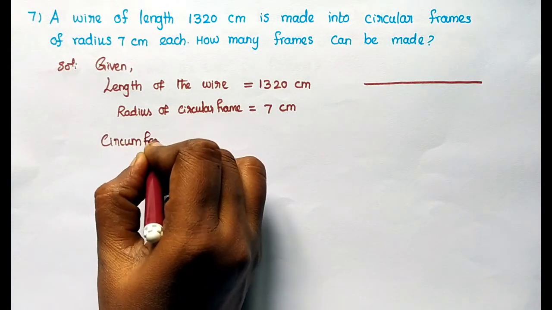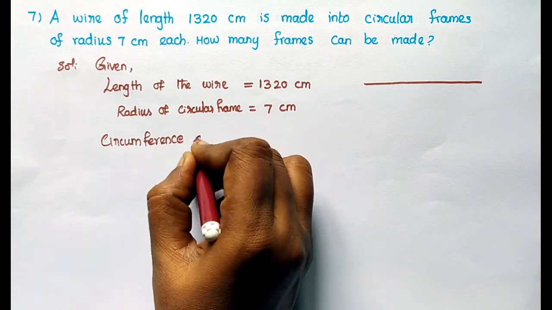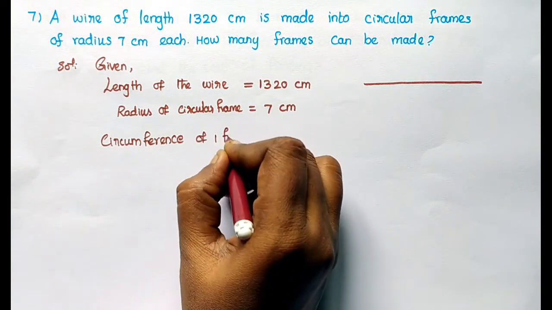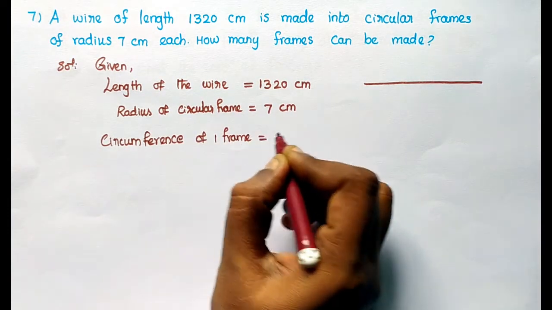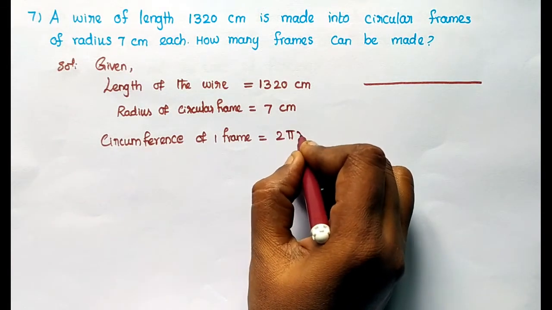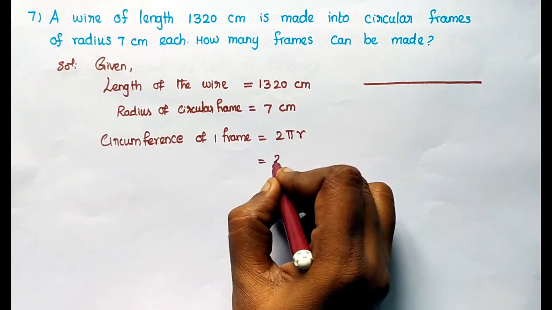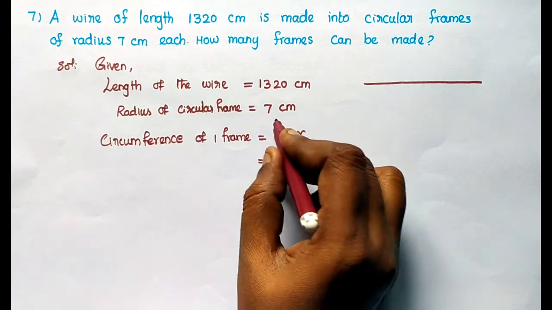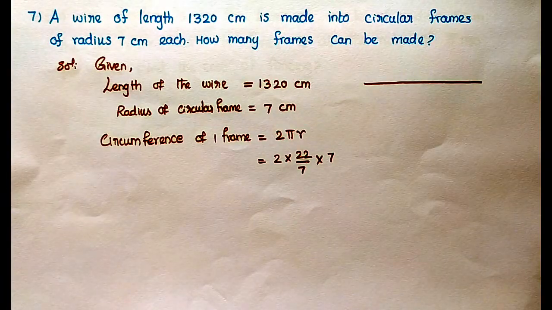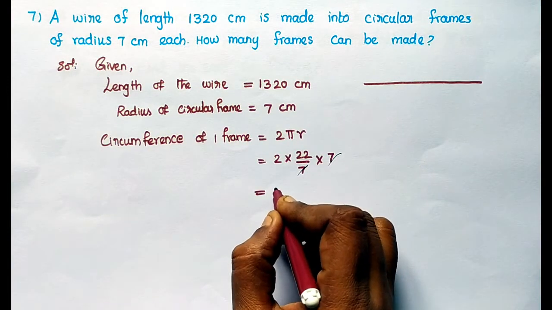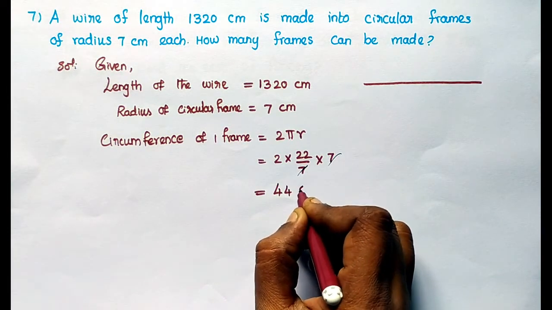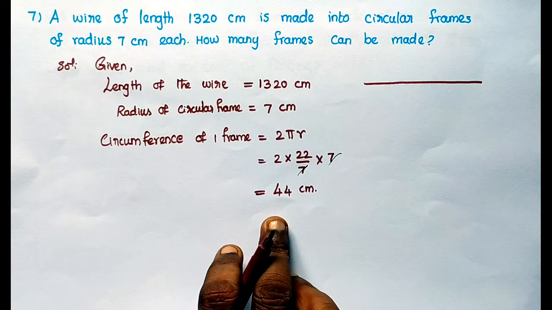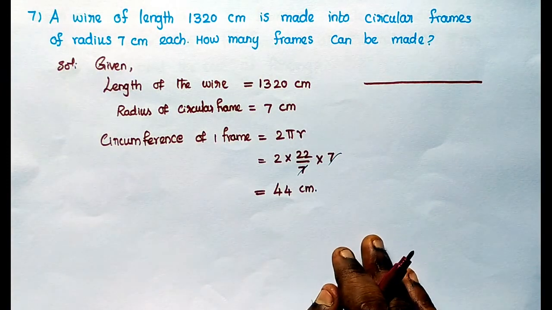Circumference of one frame equal to 2 pi r. 2 into 22 by 7 into what is radius? 7. So cancel. 7 7 cancelled. So we get 44 centimeter. That is circumference of one frame.